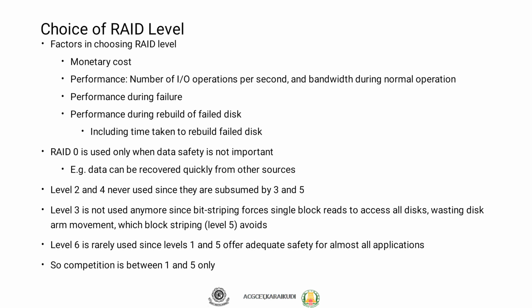But RAID 5 is often used for file and application servers because of its high efficiency and optimized storage, and it is the best cost effective solution if continuous data access is a priority and we require installing an operating system on the array.